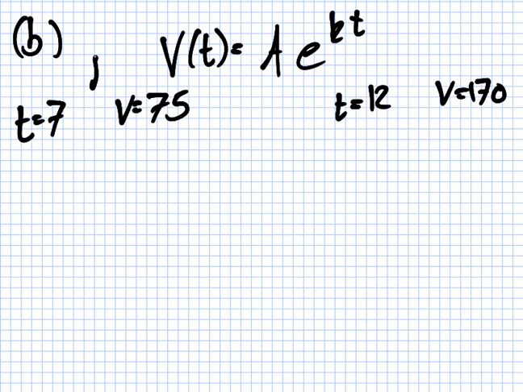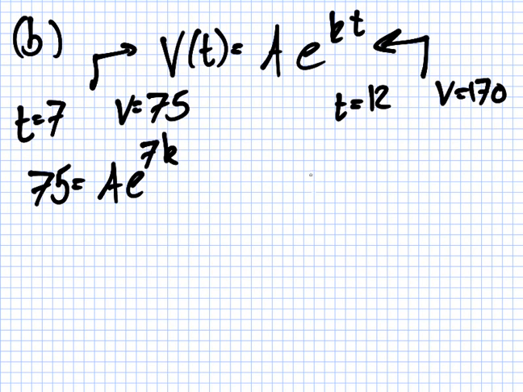So we can sub both of those points into our equation to make 2 equations: 75 = Ae^(7k) and 170 = Ae^(12k).